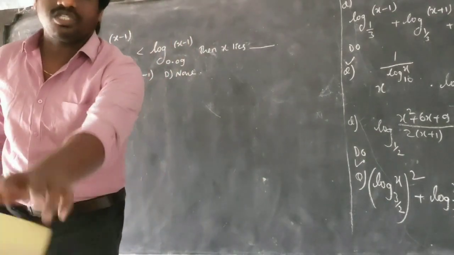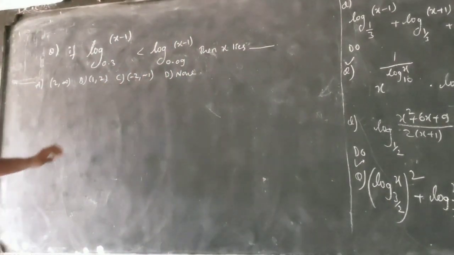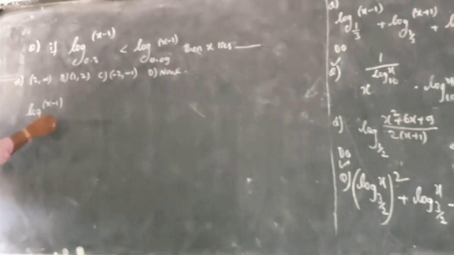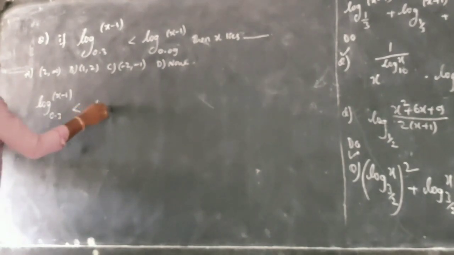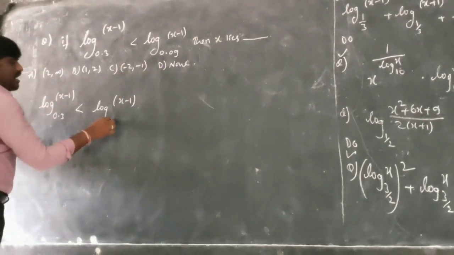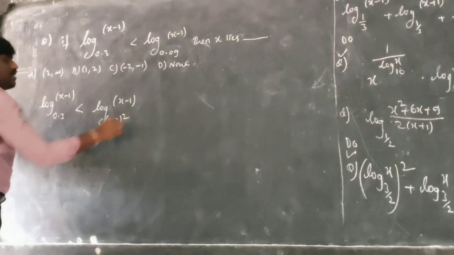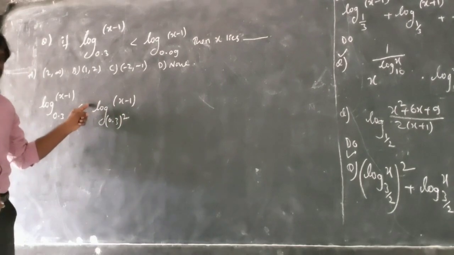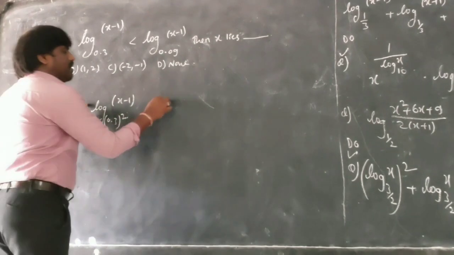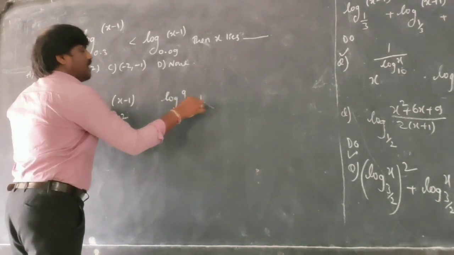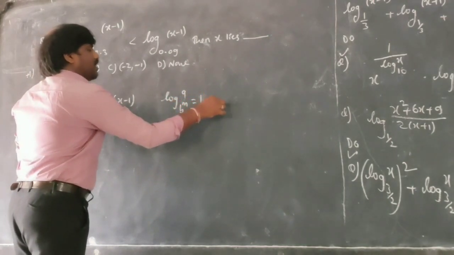Let's see how to solve this question. Here I am going to write this as log of x minus 1 with base 0.3 less than log of x minus 1 with base 0.3 whole square, since 0.09 can be written as 0.3 squared. We have a formula: log of a to the base b power m is equal to 1 by m log a to the base b.